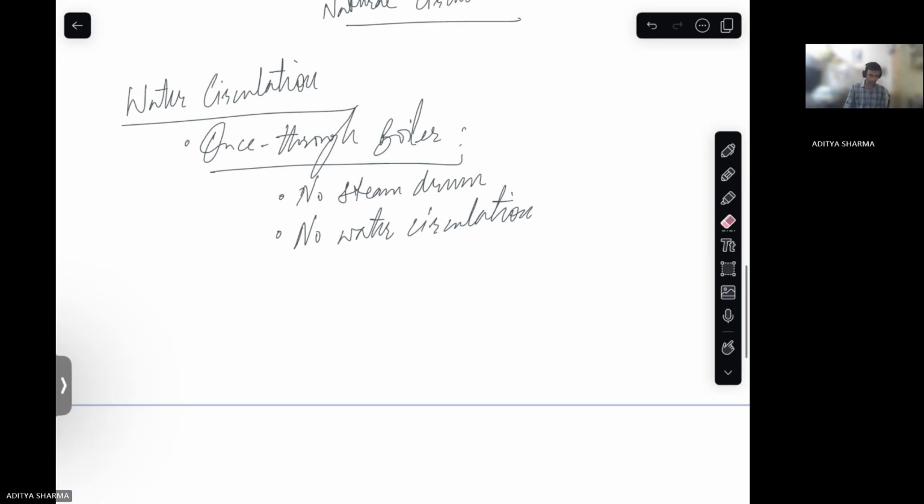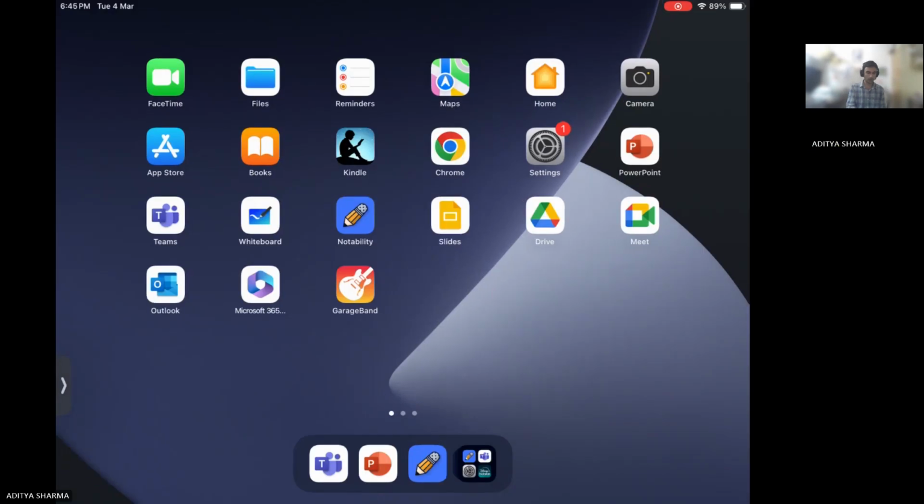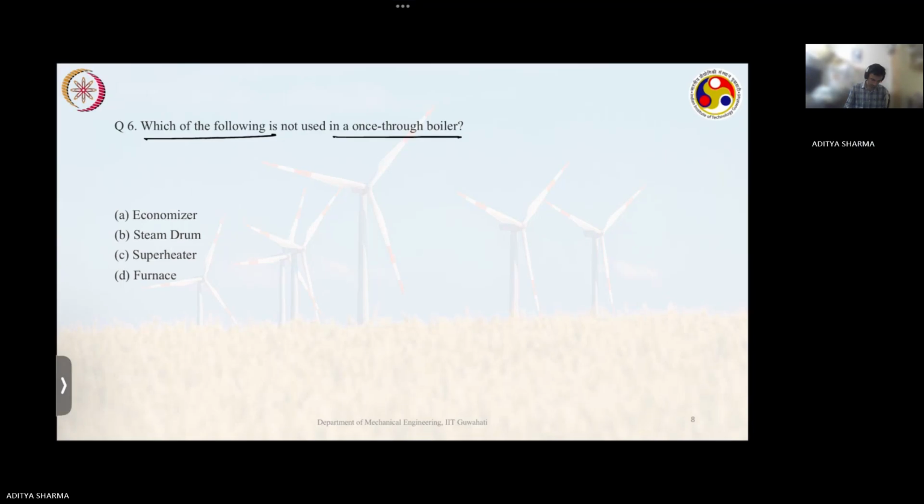All right, so now moving on. In your once through boilers, economizer is present, superheater is present, furnace is present, but if you see steam drum, it is absent, no circulation, right?